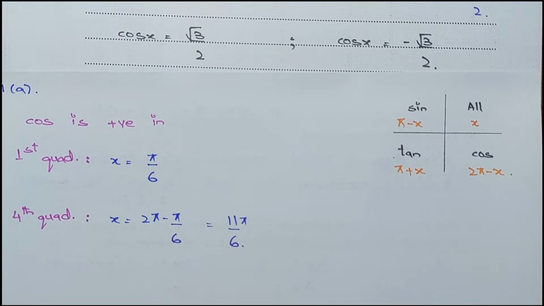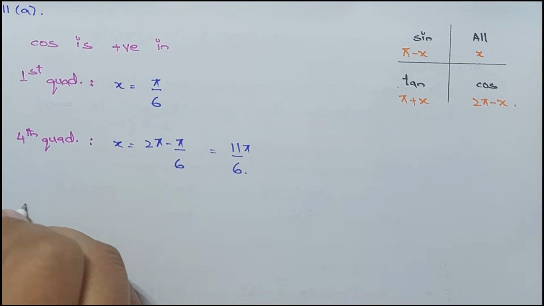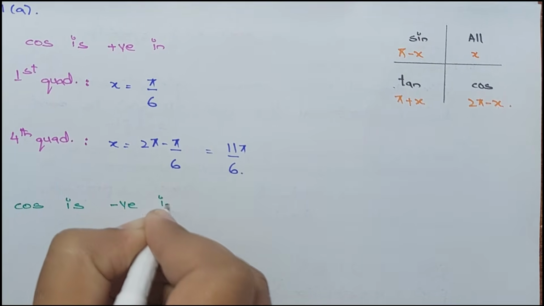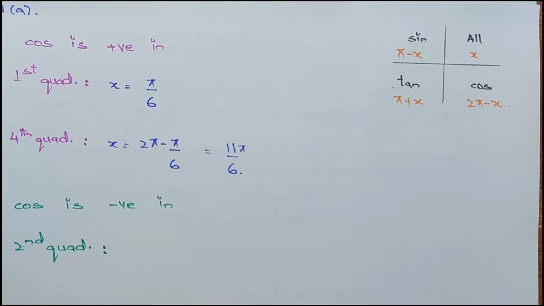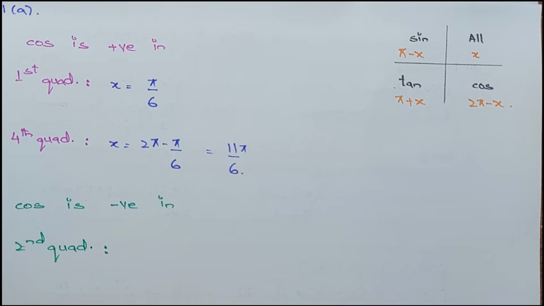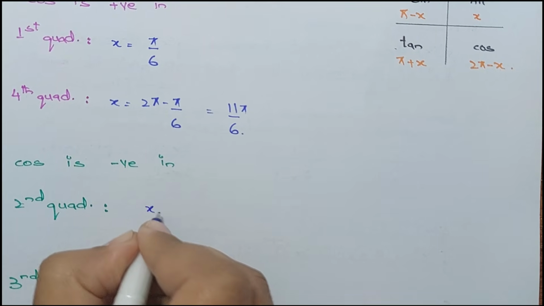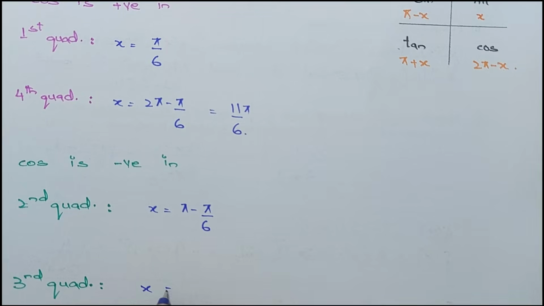Okay, now for the second equation, we can say cos is negative in the second and third quadrant, right? Now cos is negative in the second quadrant and in the third quadrant. For the second quadrant, the angle would be equal to pi minus the base angle, and for the third, pi plus the base angle.